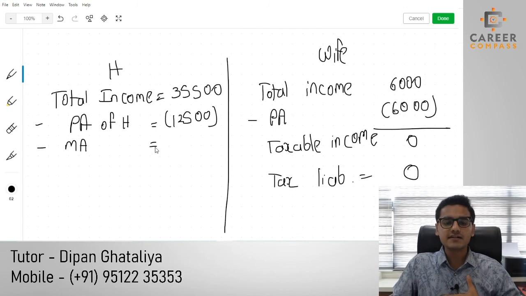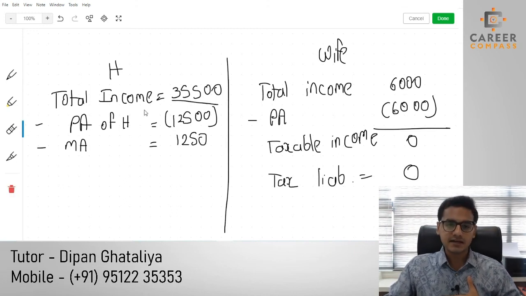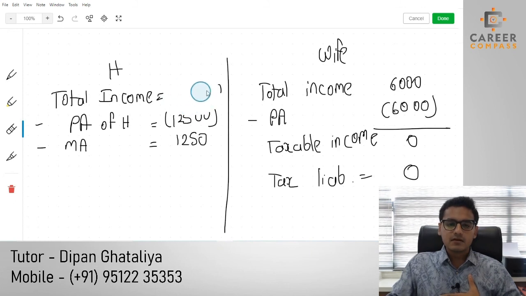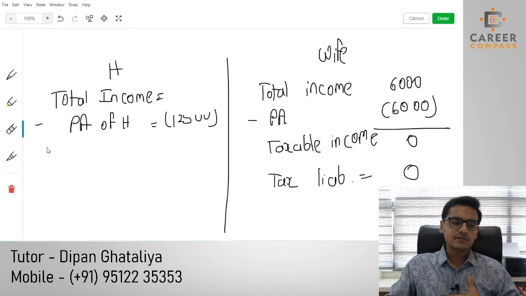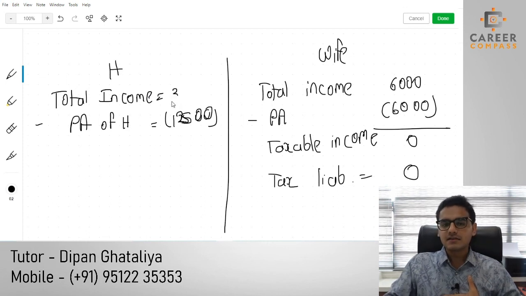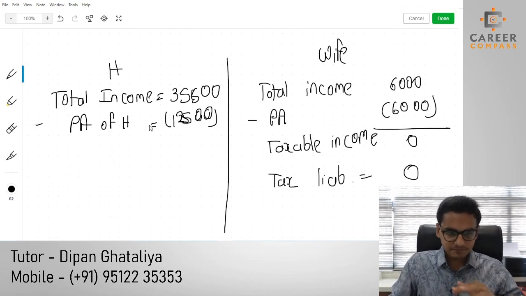If they allowed us to deduct marriage allowance here, then I would deduct 1,250, because I am deducting from my total income. But they do not allow us to deduct marriage allowance from here. They are allowing us the tax reducer. So I just have to perform the calculation normally.